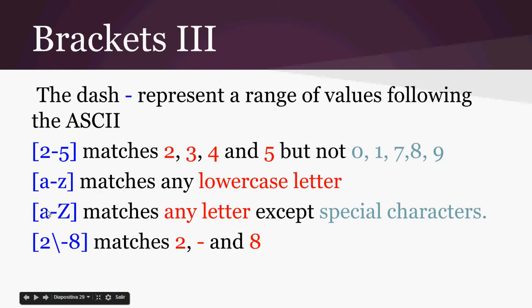When I write this, it will match any letter, except special characters. And finally, this one, 2\-8, only matches 2, - and 8 because the dash here is escaped. So it means that we only match these three different characters.